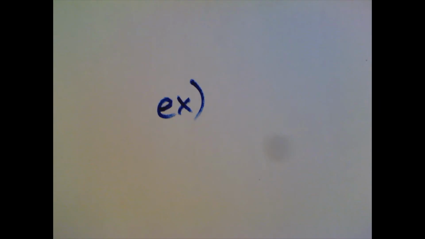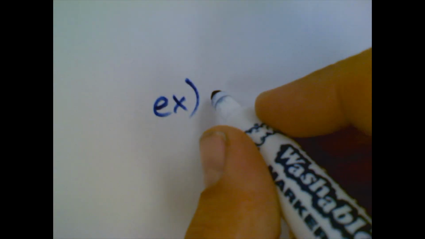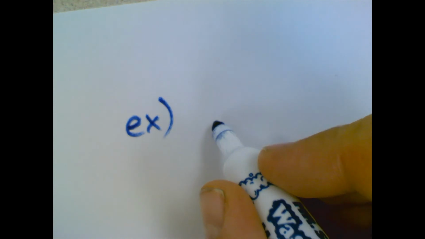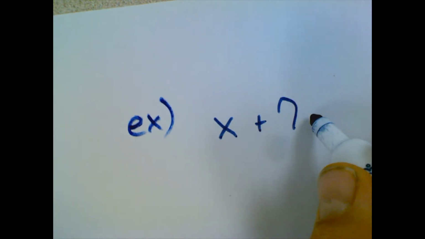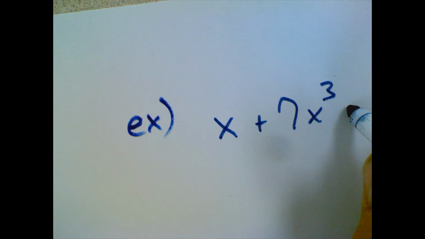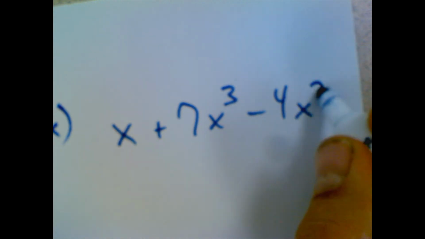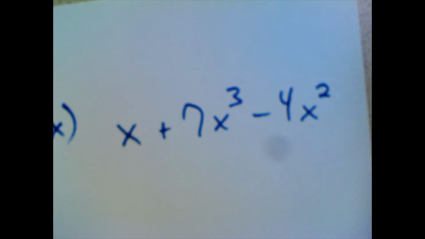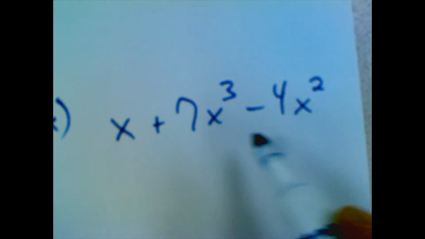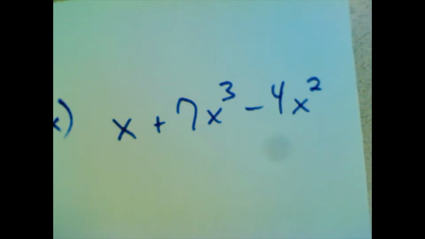Let's say I had x plus 7x cubed minus 4x squared. Okay, so first off, we can categorize this by the number of terms. Number of terms would be 1, 2, 3. So this would be a trinomial.